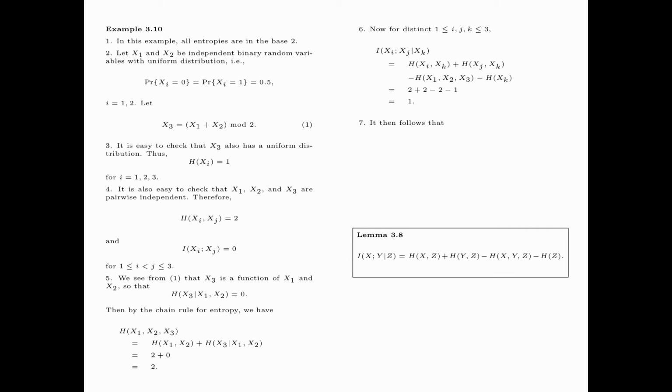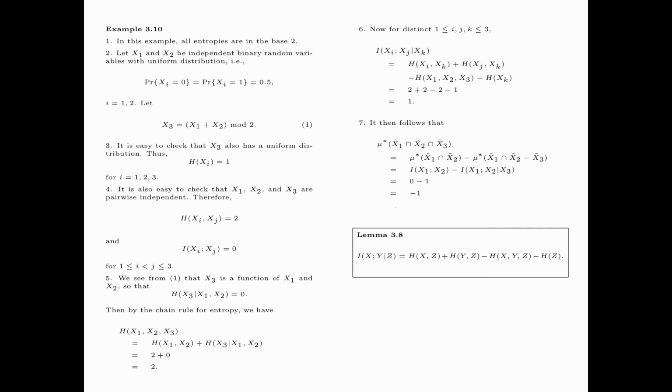It then follows that mu star x1 tilde intersect x2 tilde intersect x3 tilde is equal to mu star x1 tilde intersect x2 tilde minus mu star x1 tilde intersect x2 tilde minus x3 tilde, which is equal to I(x1; x2) minus I(x1; x2 given x3), where I(x1; x2) is equal to 0 and I(x1; x2 given x3) is equal to 1.